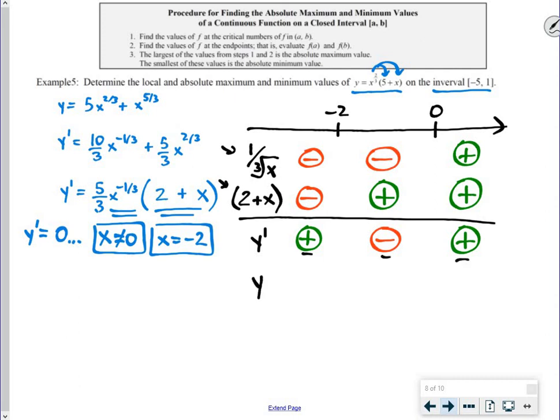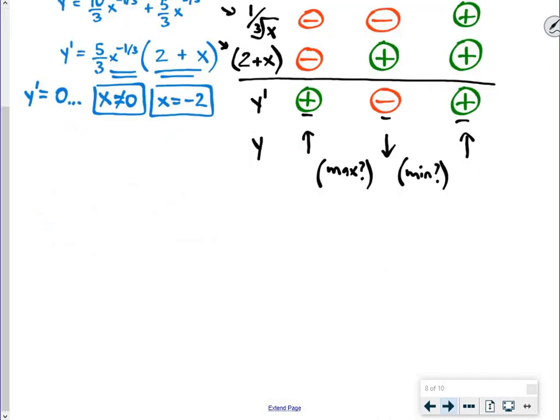Okay? What that means for the function itself, it's increasing, then decreasing, then increasing again. So we could have a max there. We could have a min there, very likely.